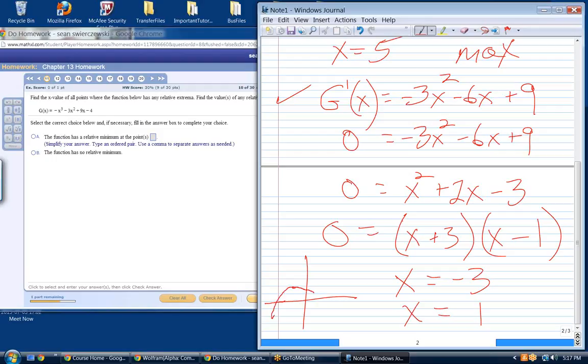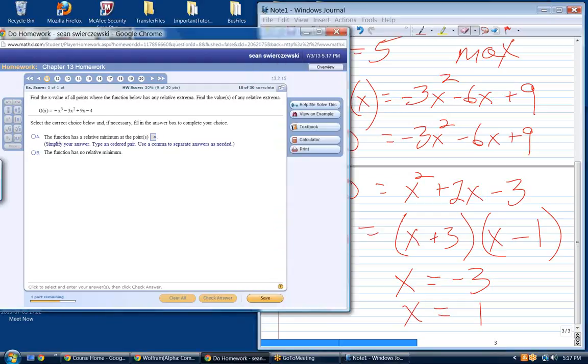In other words, it has to look like that, which makes this the minimum at minus 3, and that's the maximum at 1, as opposed to a parabola that looked like this, in which case this would be the maximum and that would be the minimum. So if the leading coefficient of the original problem is negative, wouldn't it have to be, like I said, minus 3 minimum, 1 maximum? Yes.